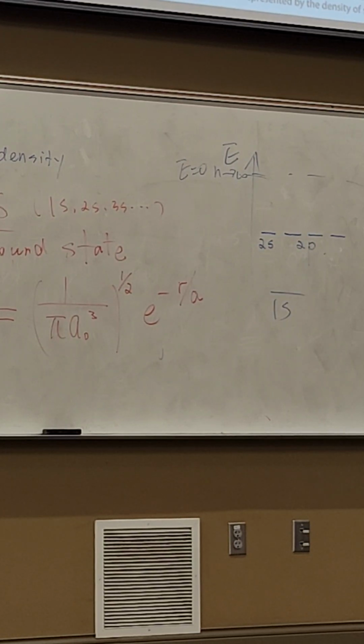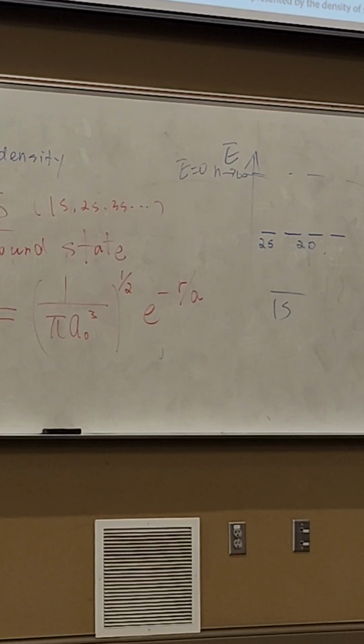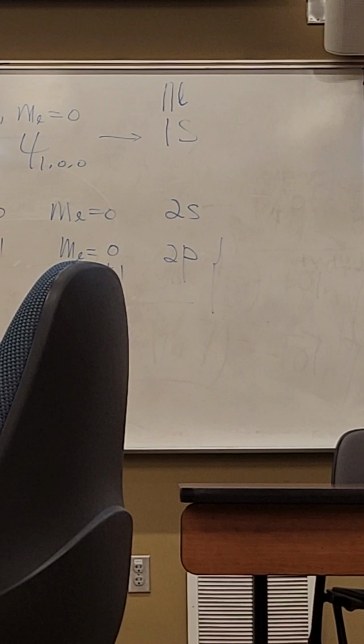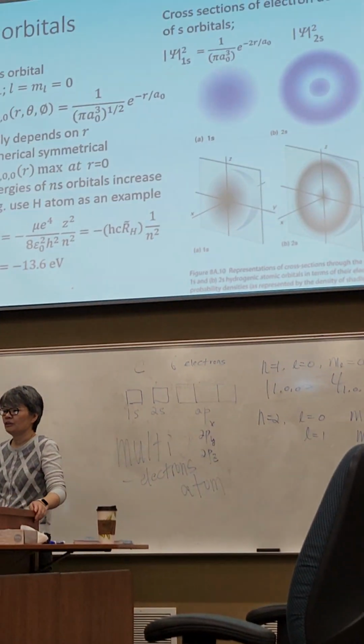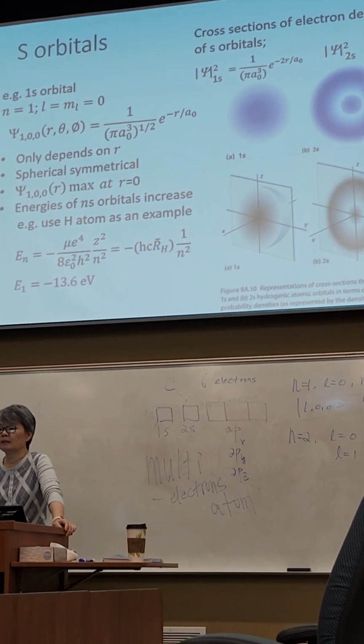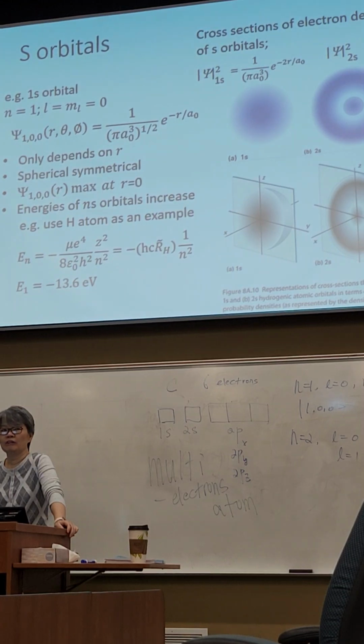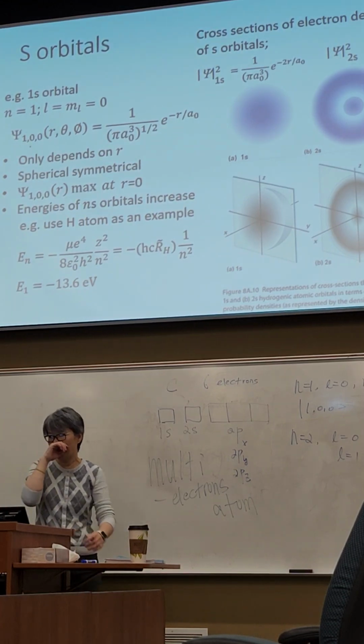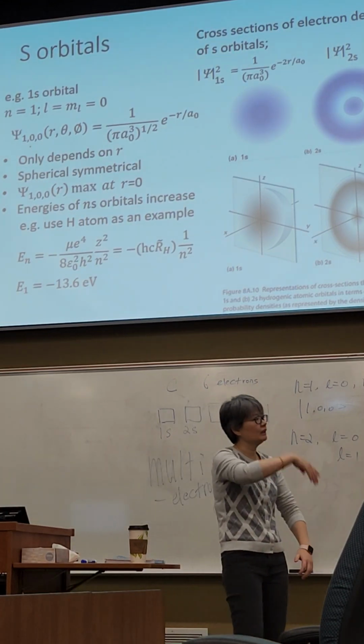Now, a sub 0 and a can be converted. If I'm looking at a hydrogen atom, a sub naught is close enough to a, so you can use either one, it's fine. So this is your wave function. Now, mathematically, I don't want you to read the slides.